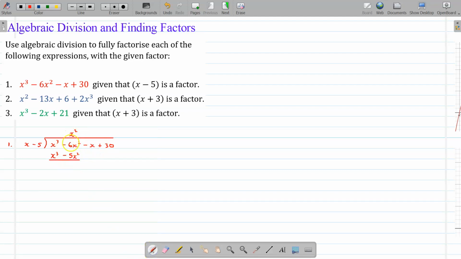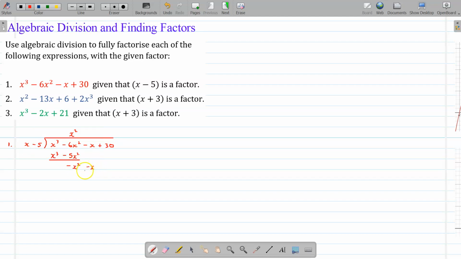So I now say, what's the difference? Minus 6x squared take away minus 5x squared is the same as minus 6x squared plus 5x squared, which is minus 1x squared. So it's just minus 1x squared. And then I bring down the next term, which is minus x. And I ask the question, how many times does x minus 5 go into minus x squared minus x?